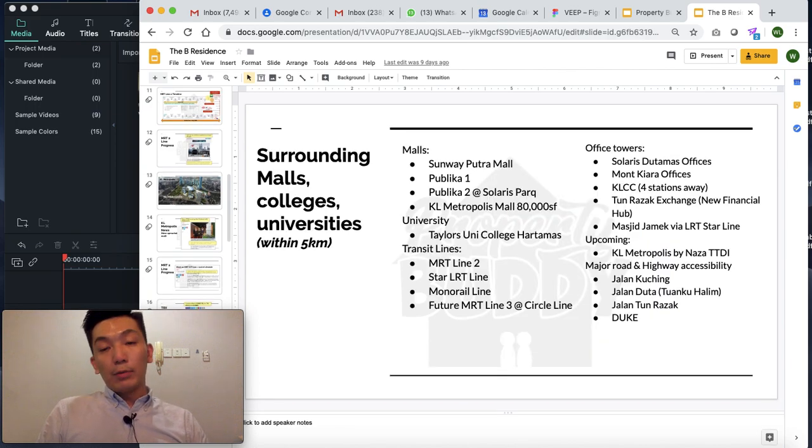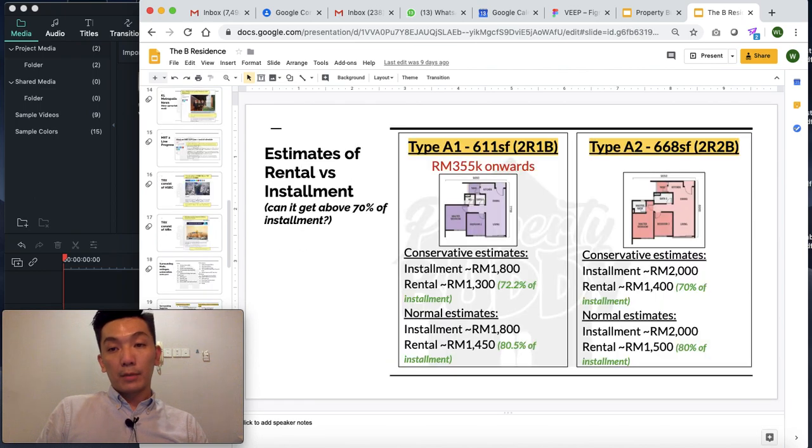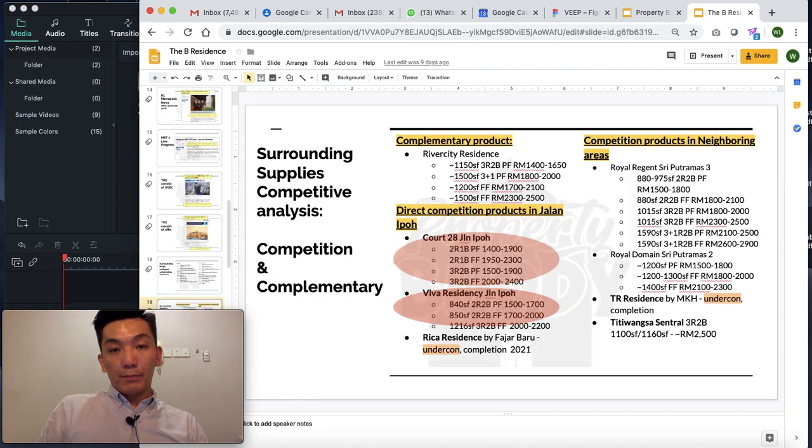For sub-sales, it's pretty easy. You can just check with the agent, check with the owners there, check with your friends who live there, then you can know what's the transacted rental data. So for example, right, we will always compare complementary product, direct competition and competition in the neighboring areas.